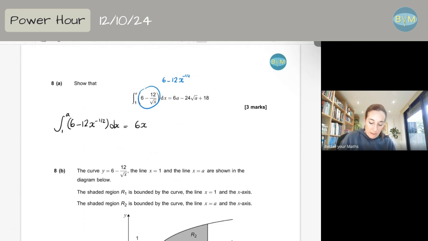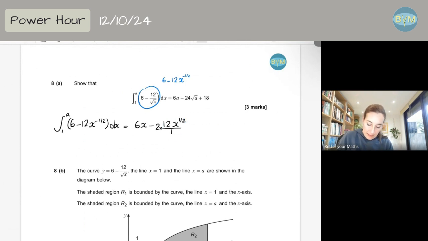So I'm going to have 6x and then minus 12 x to the power of 1 more. So minus a half plus 1 is positive a half. And then I divide by a half, which means the 1 can go down and the 2 up. So I'm going to write here the 2.